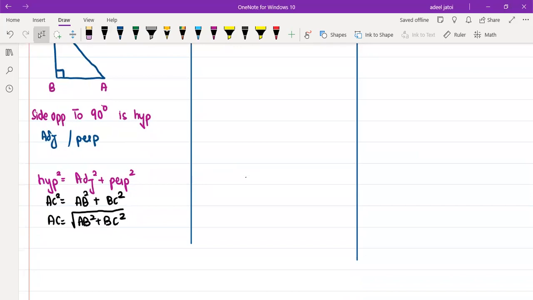Similarly, if we just want to have BC, so this should be AC square minus AB square, and this should have been what? Under root, because BC square goes on the other side, becomes the under root.